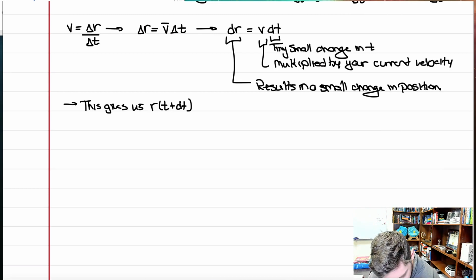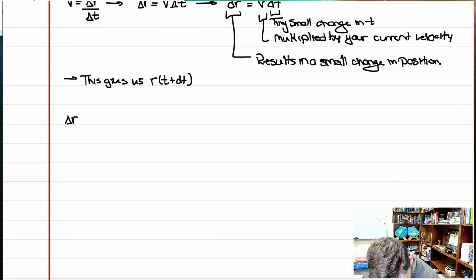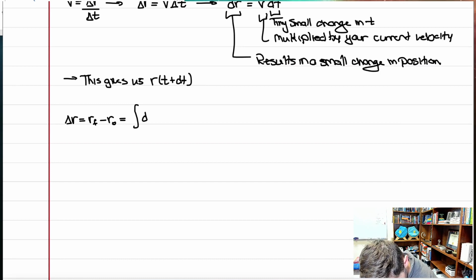So it's worth getting comfortable with the notation of the following. When I say delta r, which I could define as r final minus r initial, that is an exact definition of the integral of dr when I go from r naught to r final.